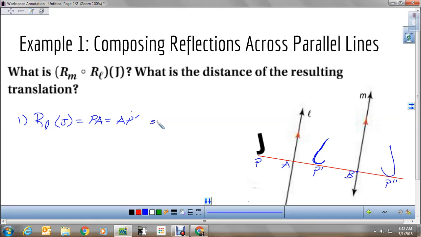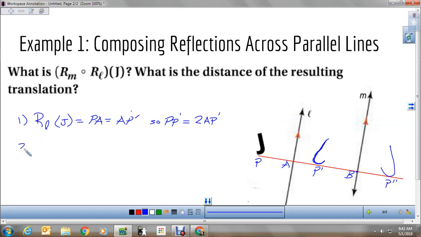So basically what this means is the distance from P to P prime is equal to 2 of AP or AP prime, whichever one you want to write. So the distance from P to P prime is that it takes 2 of these distances here.